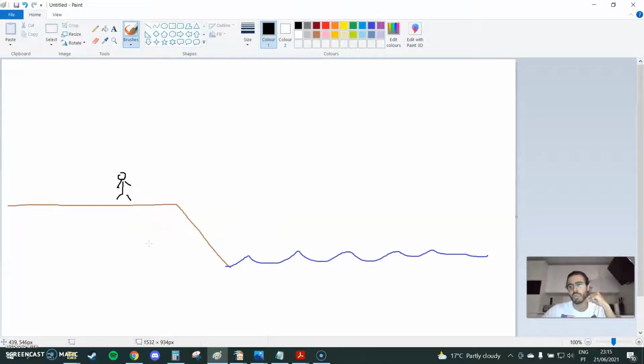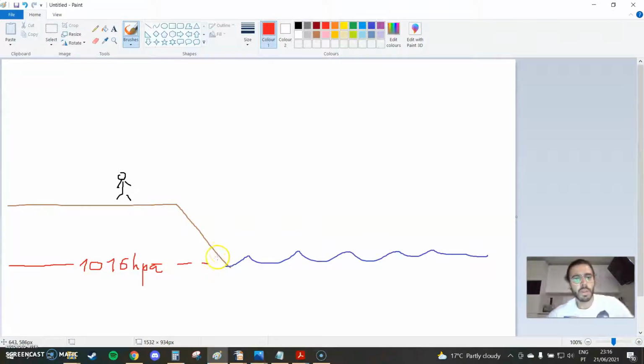So how do I relate myself with this isobar? Well, I know that there is an isobar here at mean sea level that is 1016 hectopascals, right? That's what we saw in the other chart. So this is the 1016 hectopascal isobar.